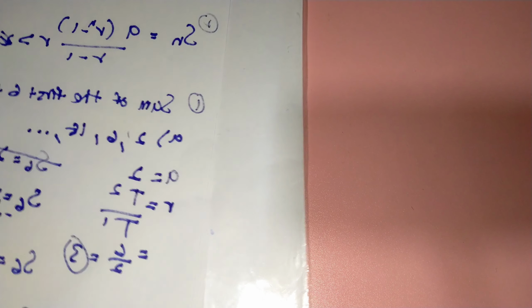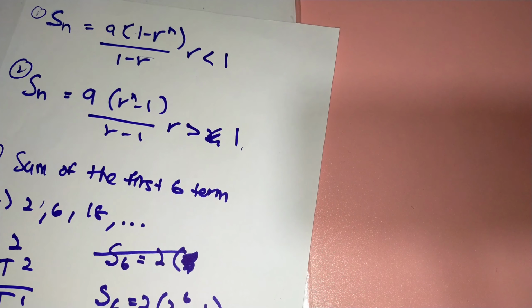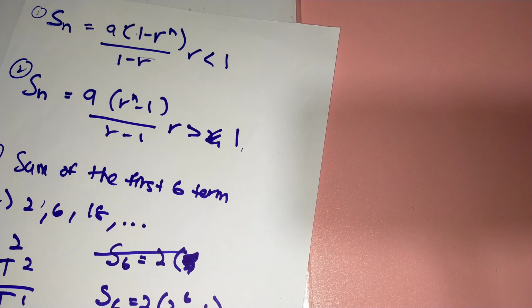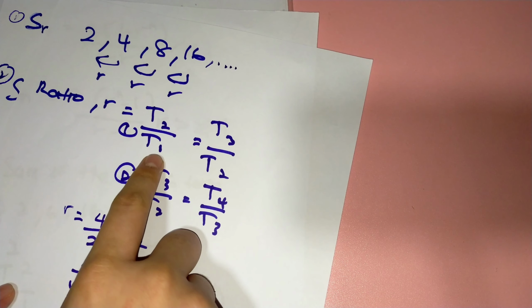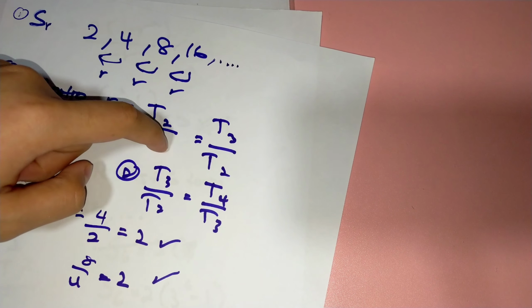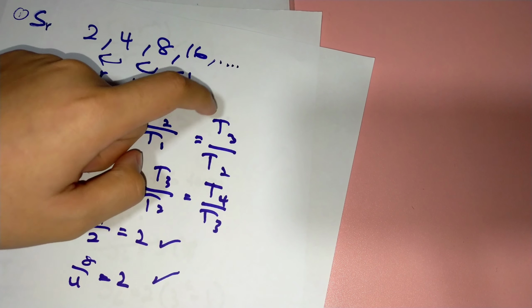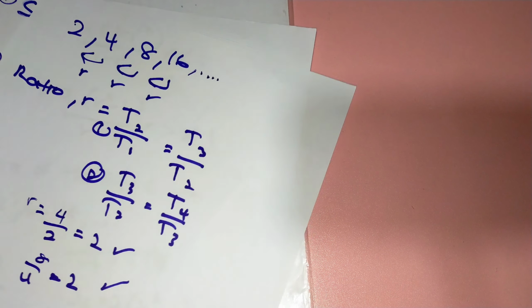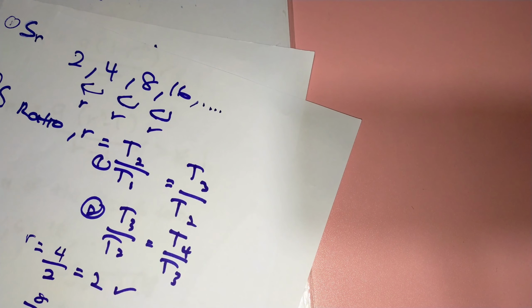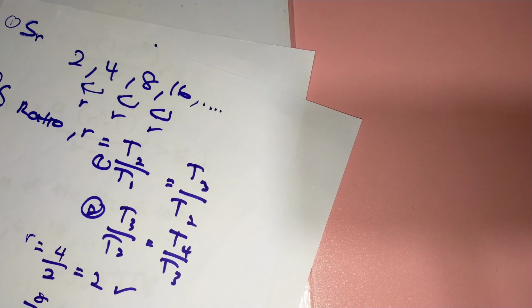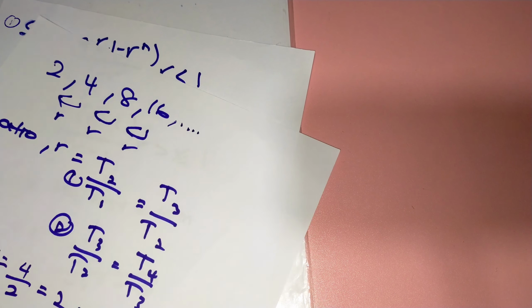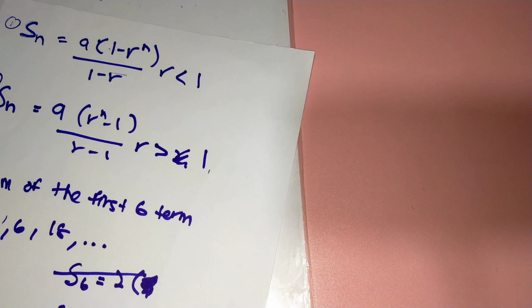We must know how to find the ratio. How to find the ratio is T2 over T1 equals T3 over T2. We must know the difference between geometric and arithmetic. So the geometric uses R, which stands for ratio, and it has two formulas.